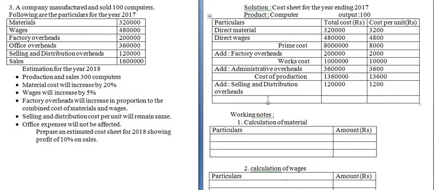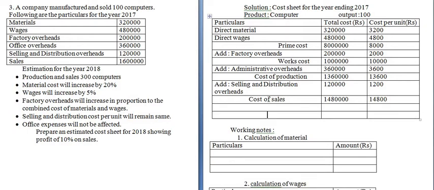Now this will be called as total cost, or it is cost of sales. Now make a total. It is 14,80,000, then 14,800.